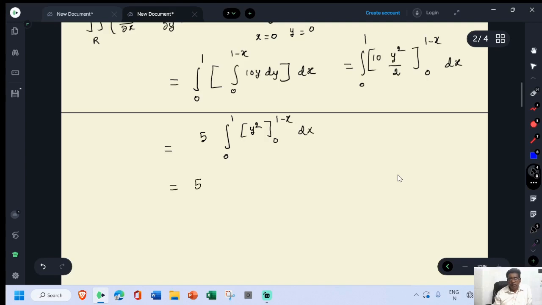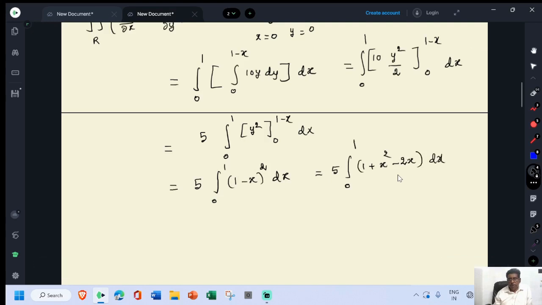This is equal to 5 times the integral from 0 to 1, with y = 1 − x, so y² is (1 − x)², dx. This is equal to 5 times the integral from 0 to 1 of (1 + x² − 2x) dx, since (a − b)² is equal to a² + b² − 2ab.